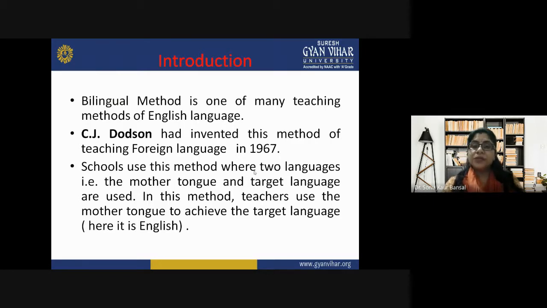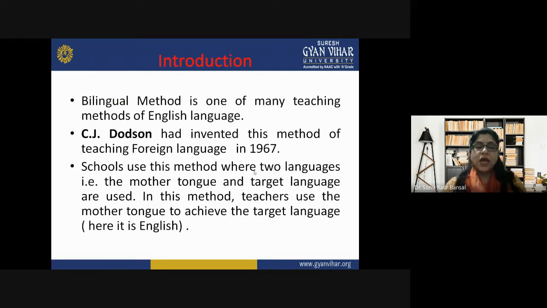They are not using any other language, or finding the support of mother tongue to explain the meanings of difficult words. So that is direct method, but today we are discussing bilingual method. Where the direct method doesn't allow us to include any other language or mother tongue, bilingual method gives us this privilege to include some meaning or translation.